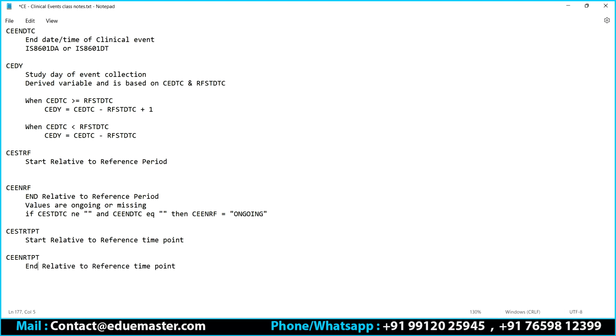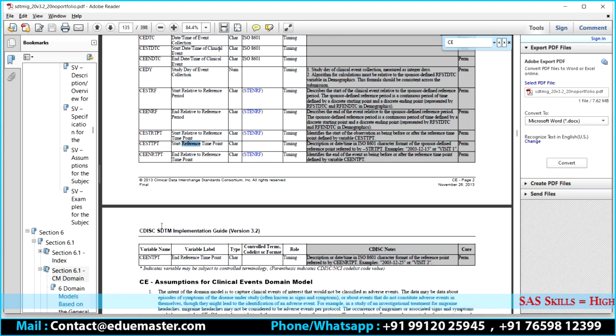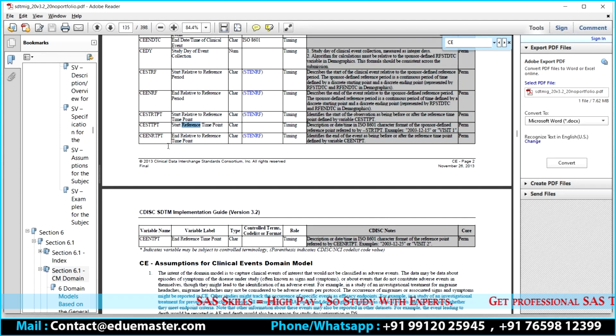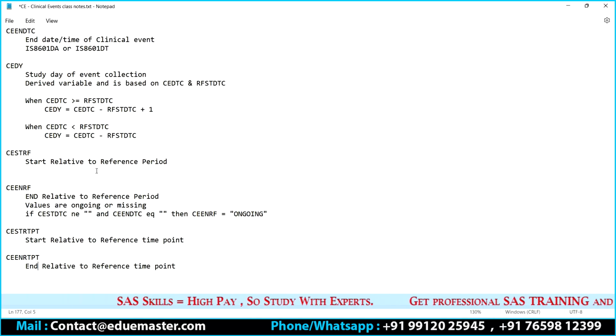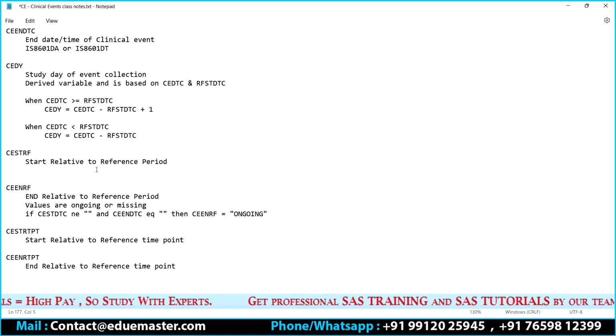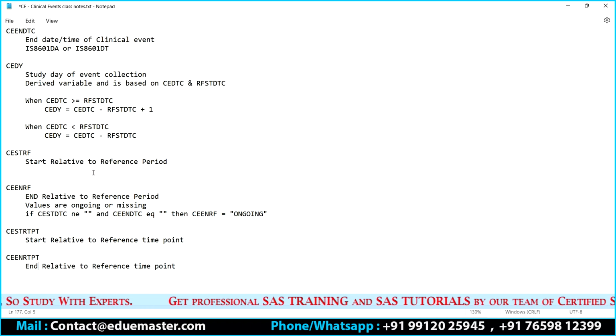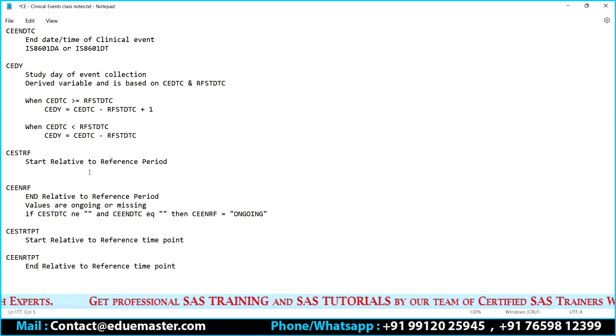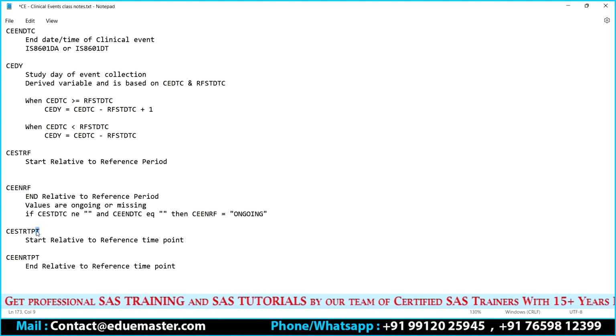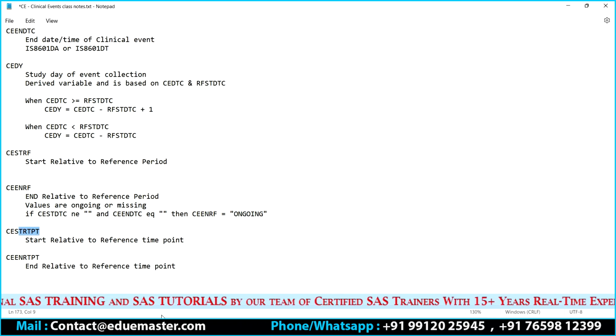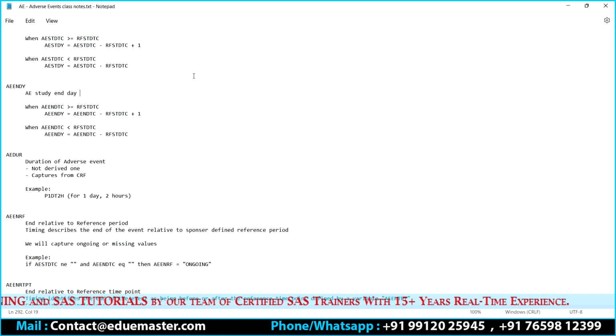And end relative to the reference time point. Only two things. Start relative to the reference time point, end relative to the reference time point. So how do you define them? This is pretty much equivalent to what we have from the adverse events.